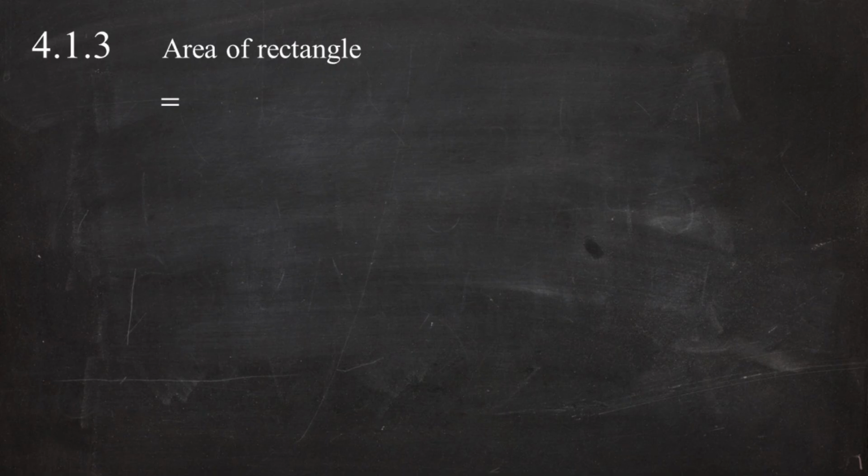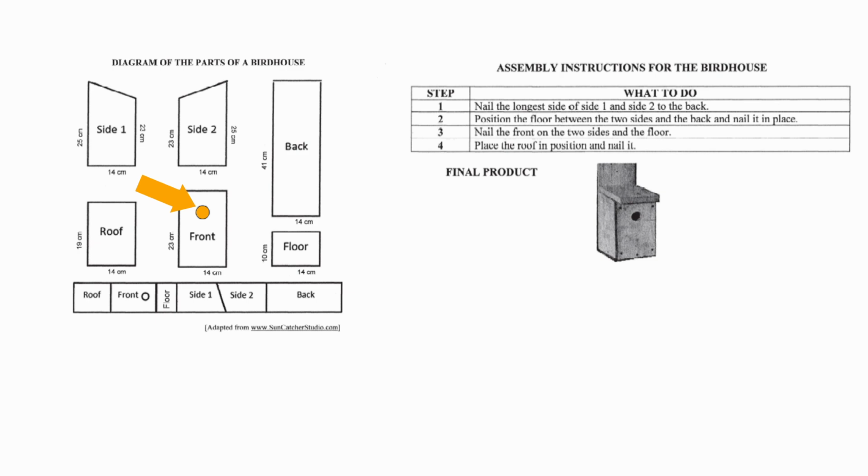The area of the rectangle will equal the length of the front of 23 centimeters multiplied by the width of the front of 14 centimeters, and this equals an area of the front before the hole is cut out of 322 centimeters squared. Next, we will have to calculate the area of the hole to be cut out of the front.